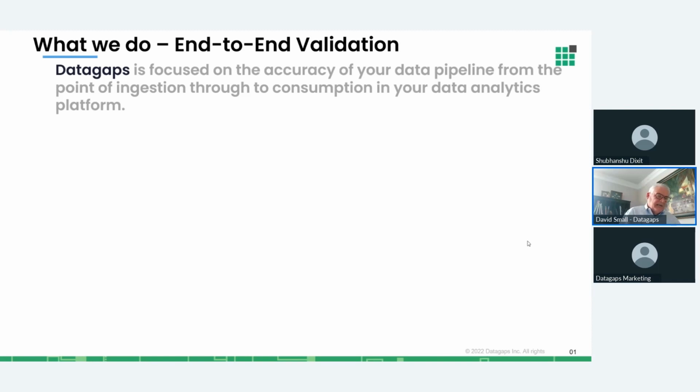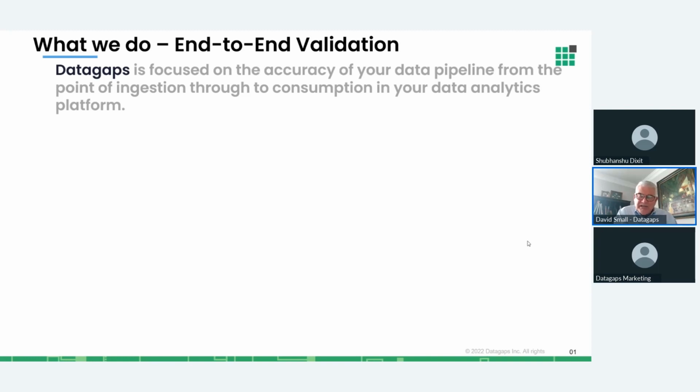So at Datagaps, we focus on helping you develop and create accuracy in your data pipeline from the point of data ingestion all the way through to the consumption in your data analytics platform. As data comes into the enterprise, we help with data quality checks, profiling, a wide variety of checks to make sure that the data coming in is accurate and properly formed.